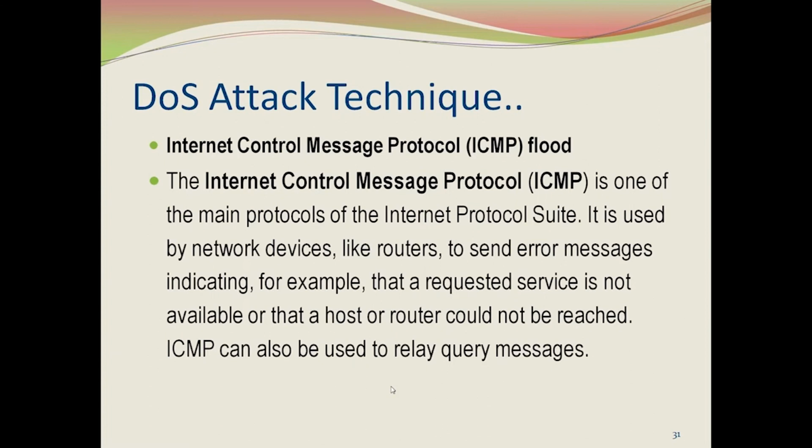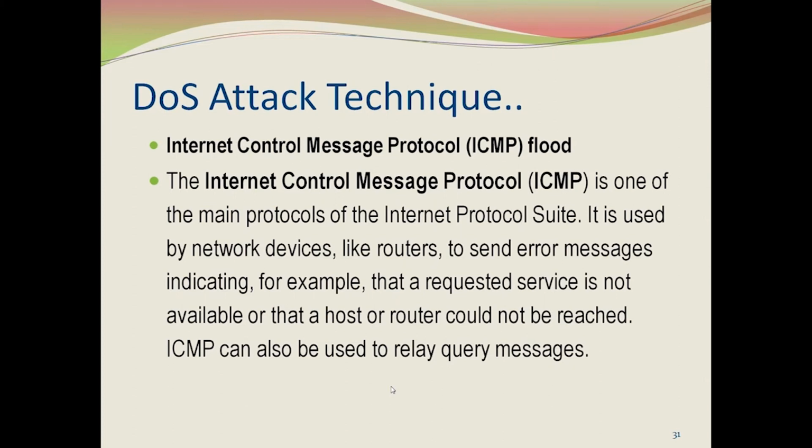It is used by network devices to send, for example, error messages, among many others. This is just an example, okay, indicating for example that a requested service is not available or that a host or router could not be reached.